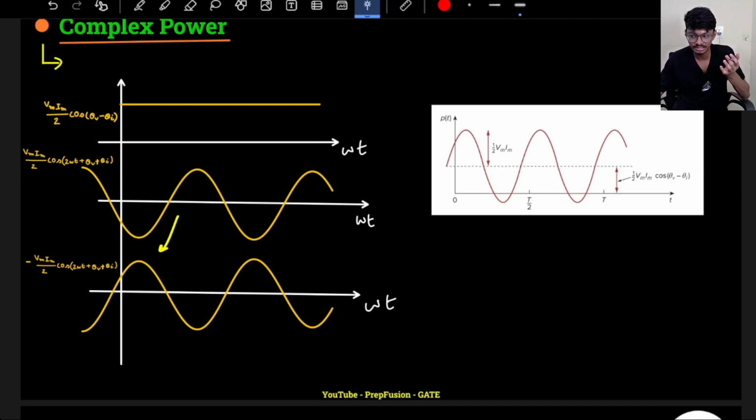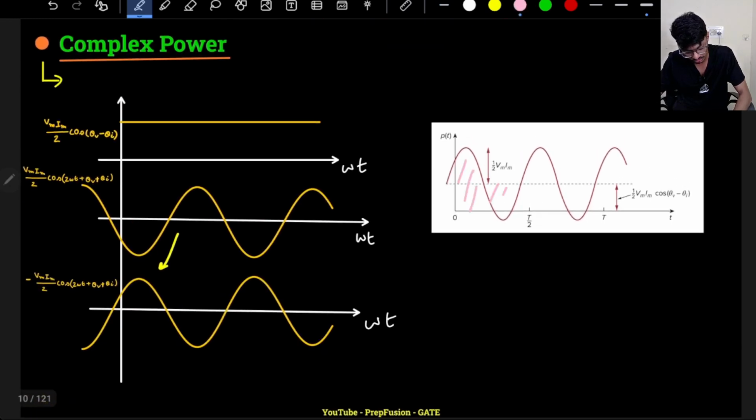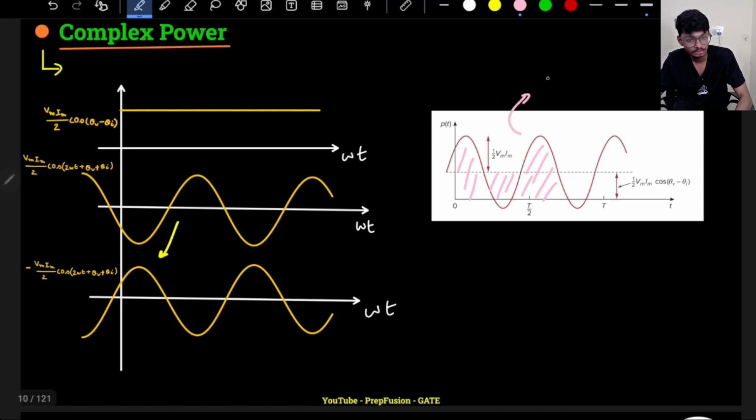So how can you understand overall whether my source is delivering or absorbing power? Of course, Himanshu has already taught you that you see the graph area. If it is the positive portion of the graph, then power is going from source to load. Whenever the instantaneous power is positive, power is going from source to load.